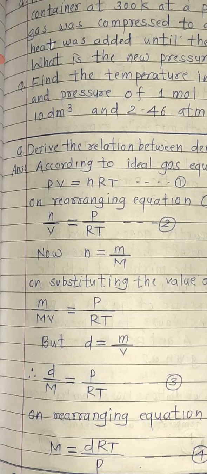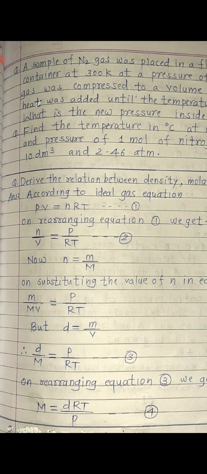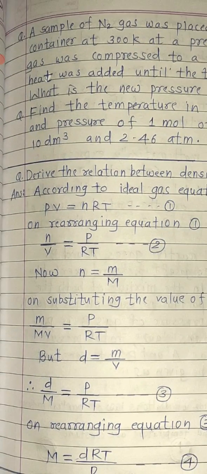But density is equal to mass upon volume. What is density? The ratio of mass and volume is known as density. So, d is equal to m upon V. In the equation we have m upon V, that is d. So, d upon M is equal to P upon RT.